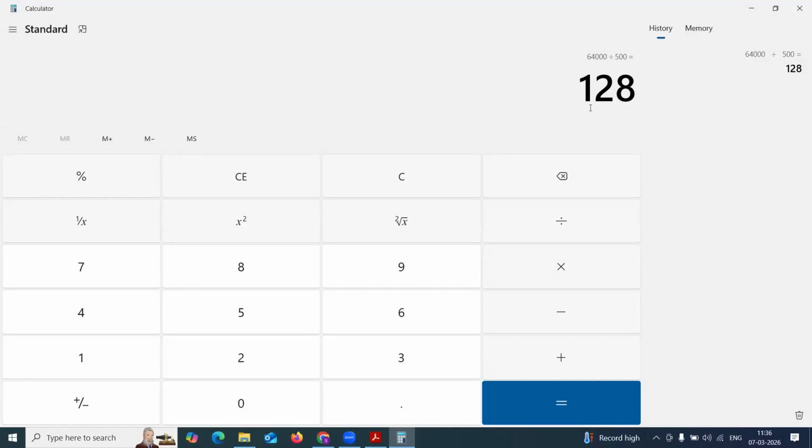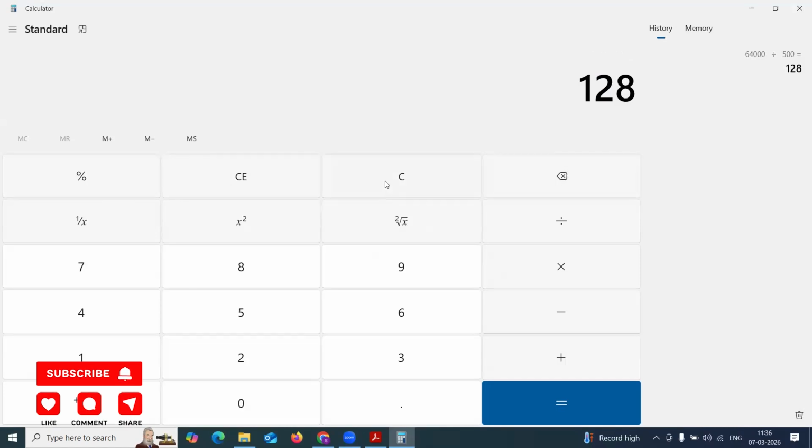Okay, so basically I'm dividing. Let's say, for example, 64K divided by 500 users, so per user will have 128 sessions. So here I'm calculating about 500 users. Can 500 users be survived? Yes, it can be, but this would be very neck to neck.